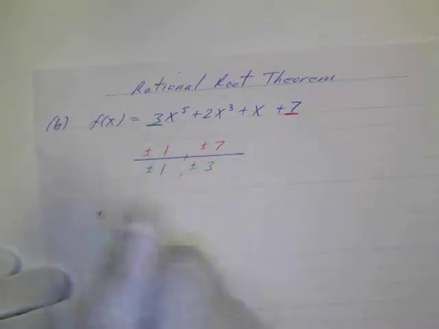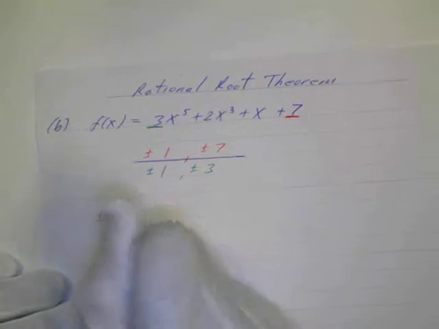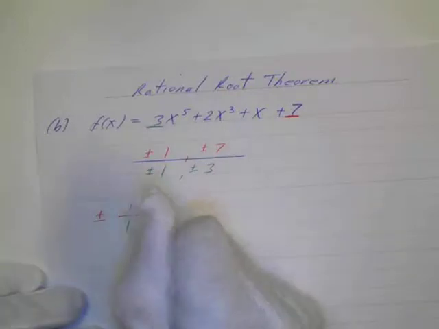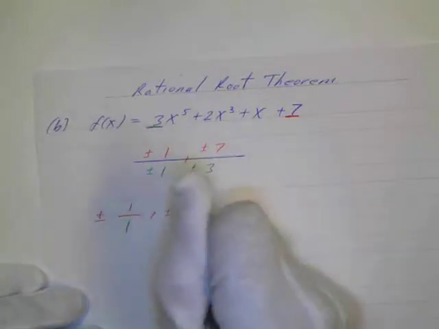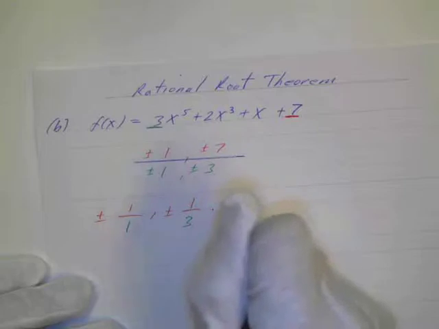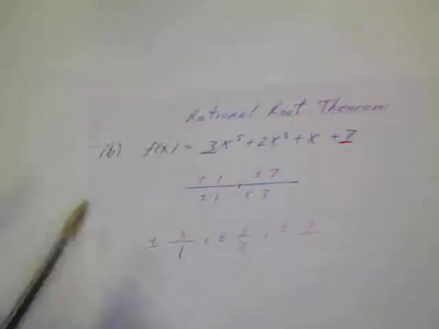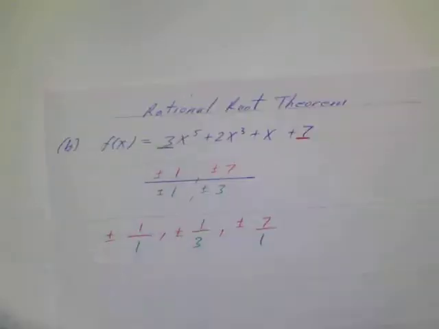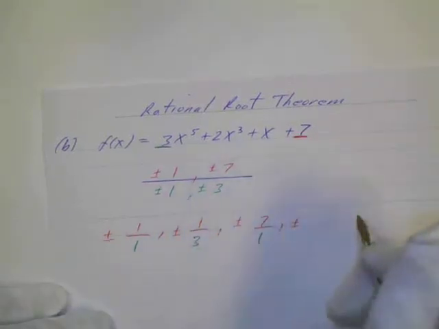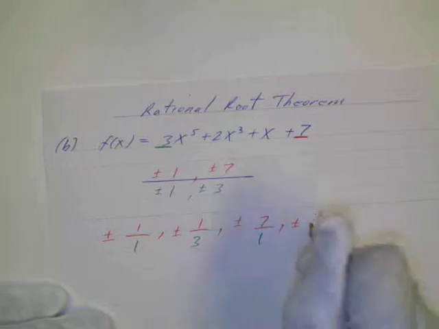It's going to be plus or minus 1 over 1, and plus or minus 1 over 3, and then plus or minus 7 over 1, and plus or minus 7 over 3.